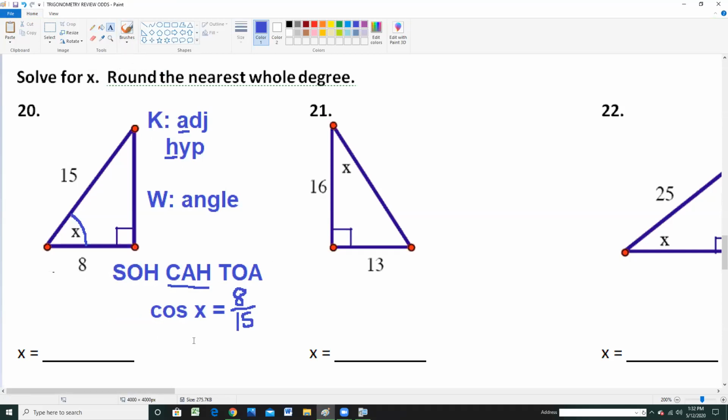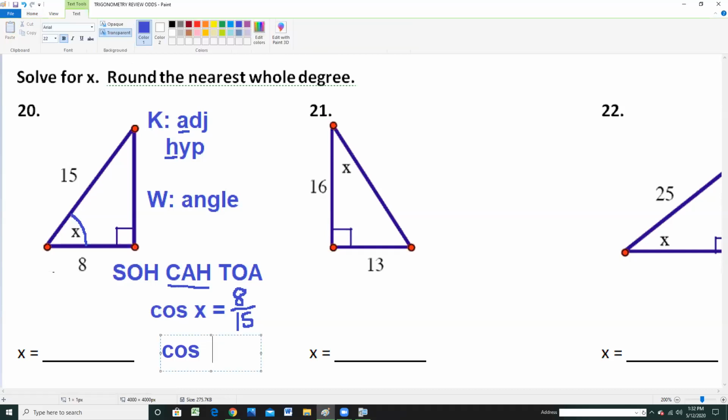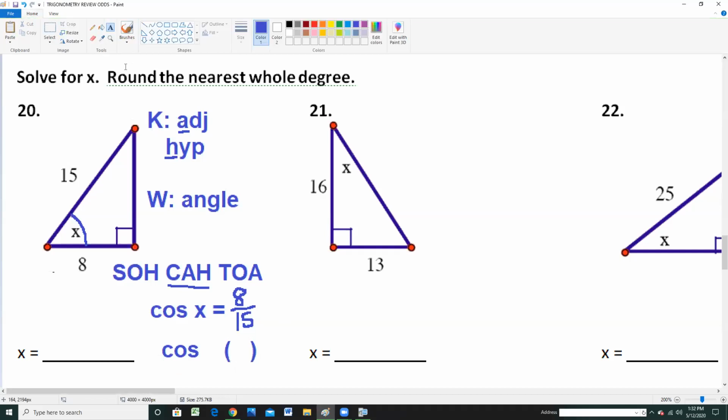So the way we're going to deal with that, we can't just use the regular cosine to get this one right, because the angle is what's missing. So what we have to do is get our calculators out and find the option that gives you the little -1 thing.